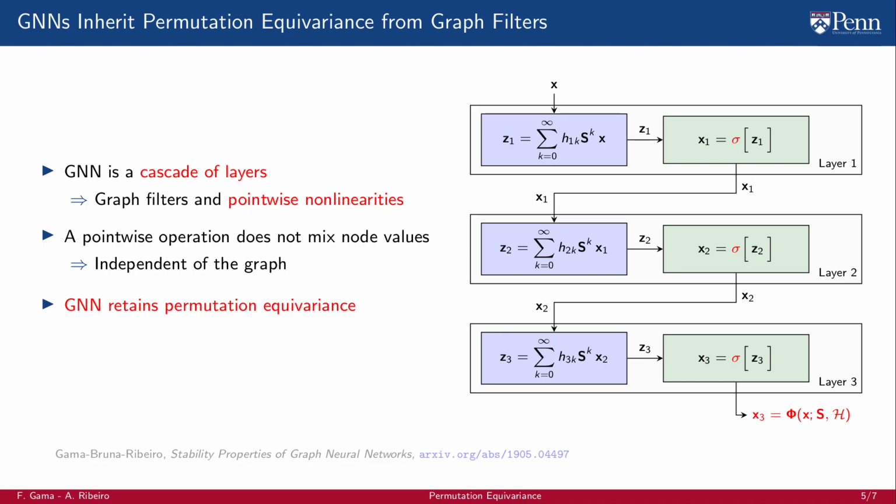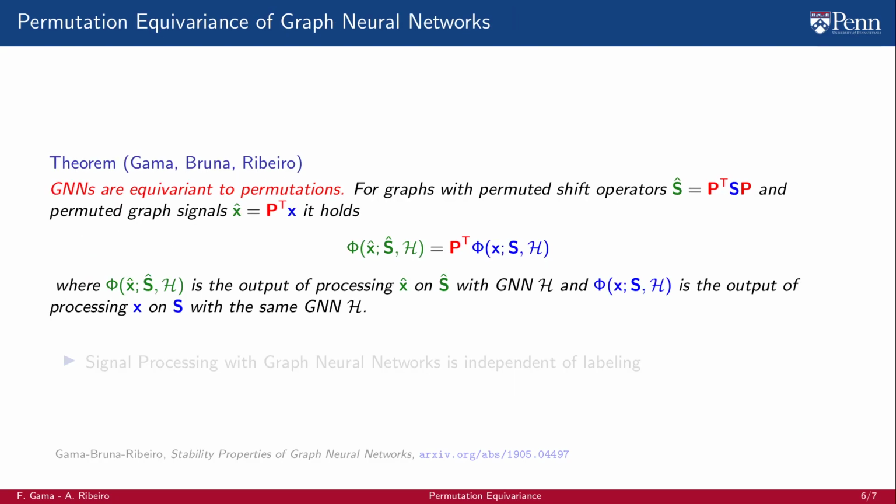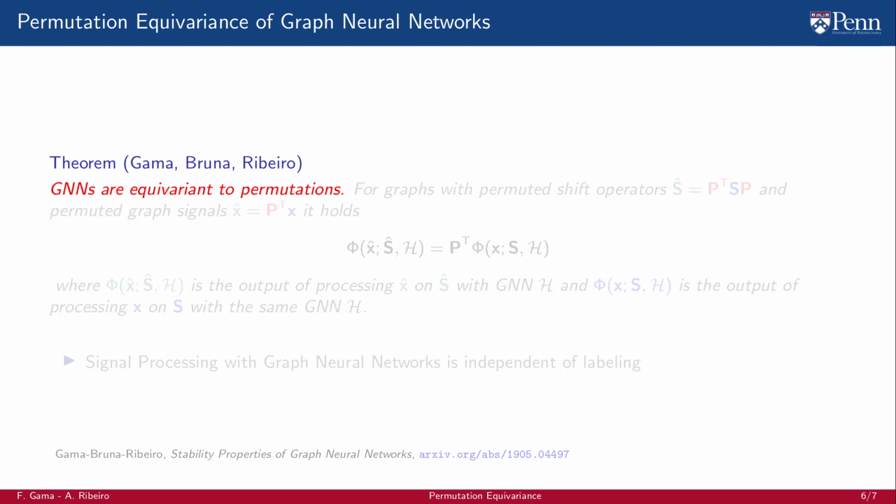That is, since the nonlinearity does not depend on the graph, the GNN inherits the permutation equivariance property from the graph convolution. And this is exactly what this theorem states, that GNNs are equivariant to permutations.